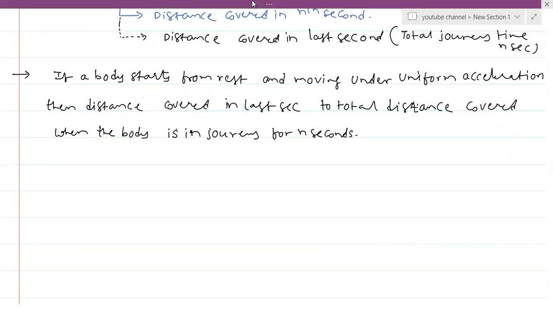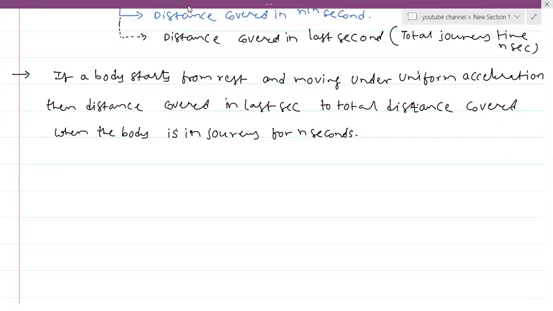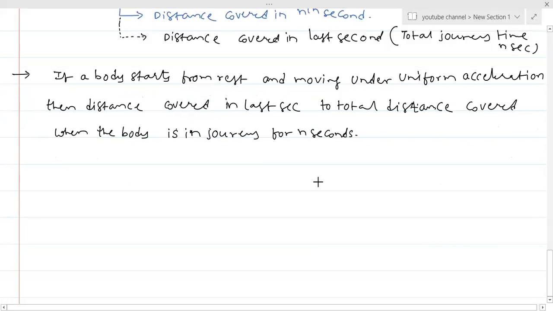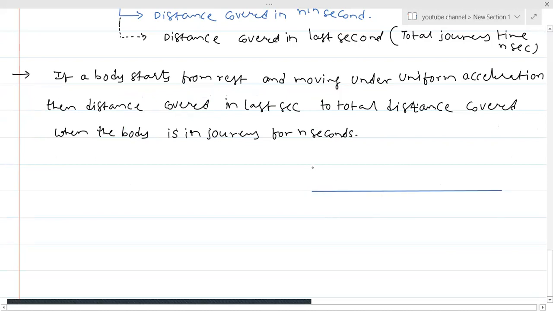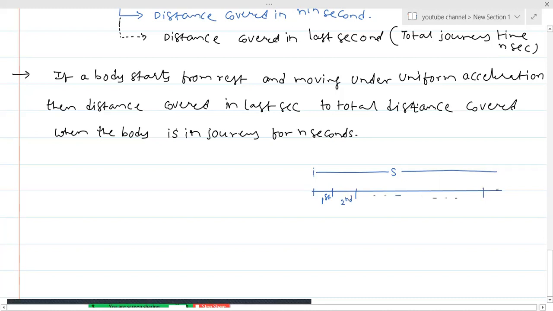So first we need to understand clearly what S and what Sn are. For example, I am taking this as the total distance, so the distance counted from here to here is S. In the journey we have this as the first second and this as the second second, and in this way we have n seconds.